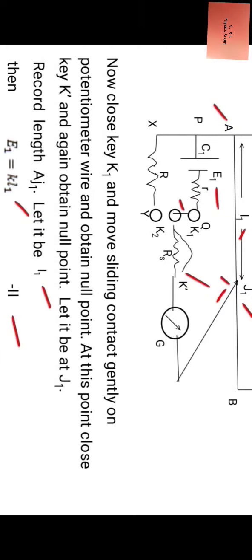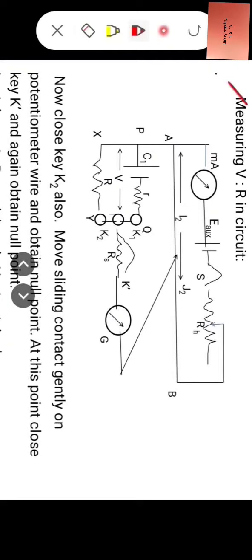Now measuring V, the terminal potential difference. When R comes into circuit, EMF no longer remains there. The terminal PD is potential difference. Now close key K2 also. Move sliding contact gently on potentiometer wire and obtain null point.